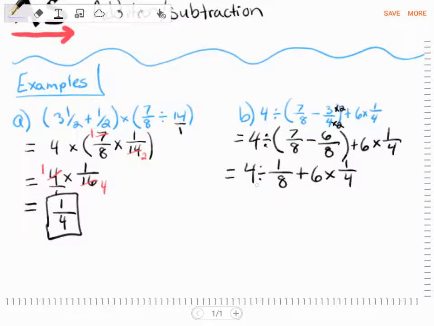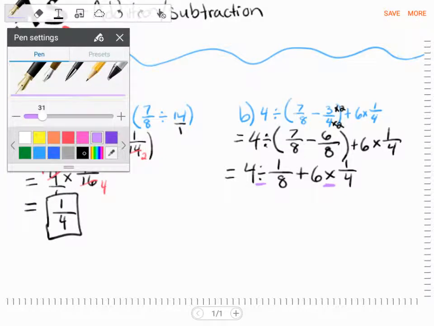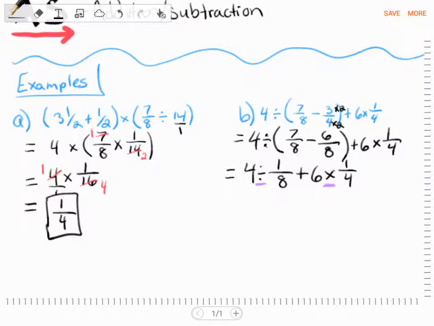Well, I've got to tackle my division and multiplication. I've got division there and I've got multiplication here. If you need to outline it and say, these are the 2 things I'm focusing on in this step, then do it. It's not a big deal. It's your paper and it's your work. As long as I can read it, there's no problem with you doing extra things like that.